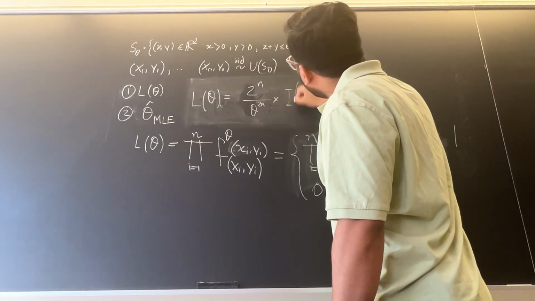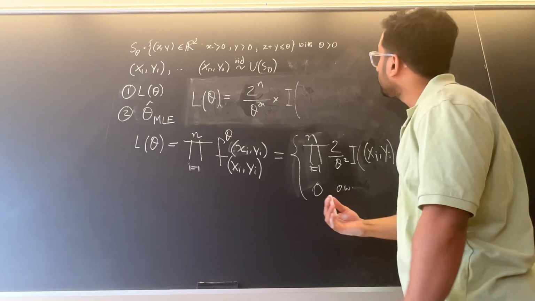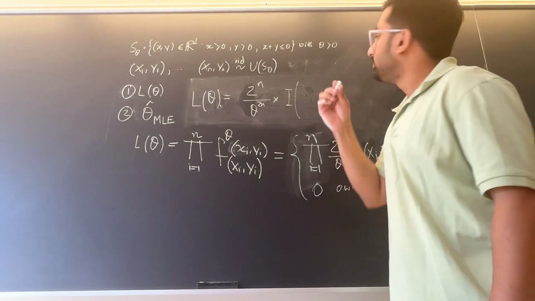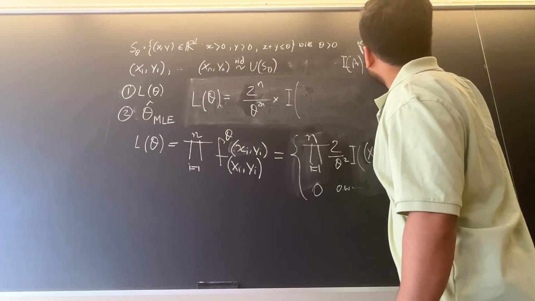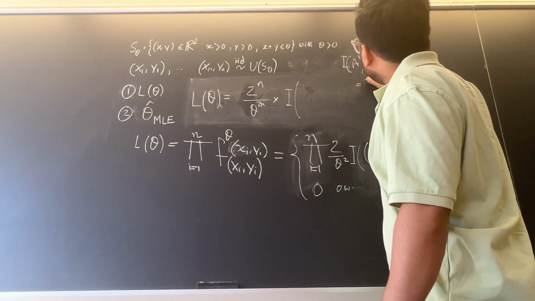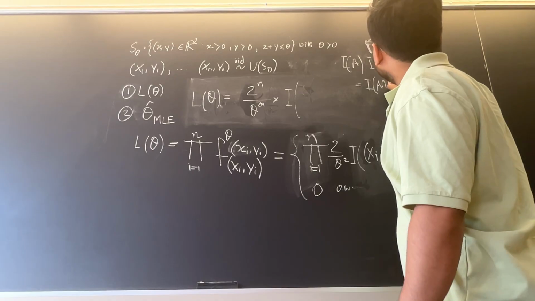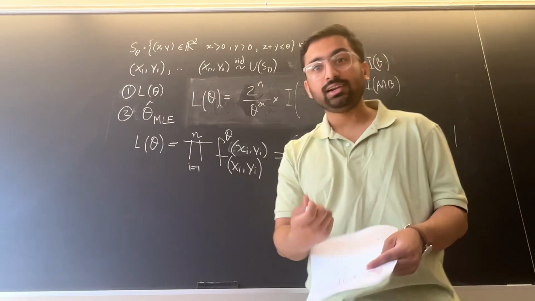You can write the product of indicator of A times indicator of B as indicator of A intersection B, because that's the only time it will be 1.